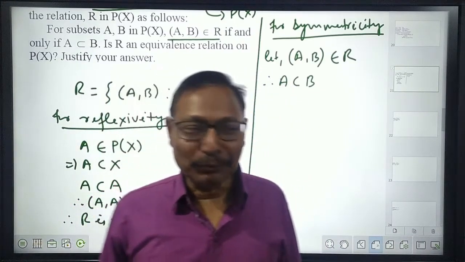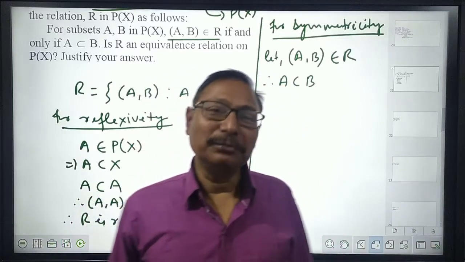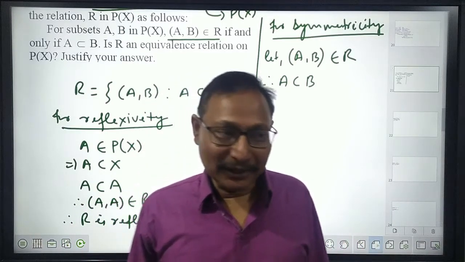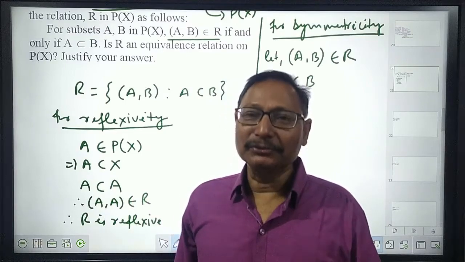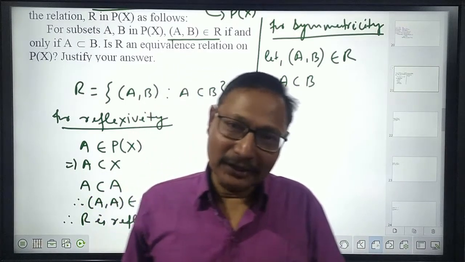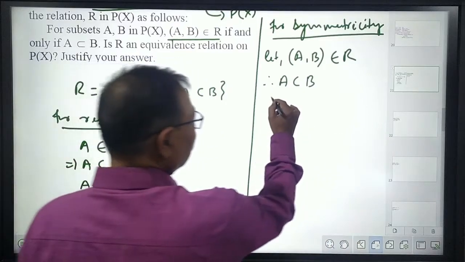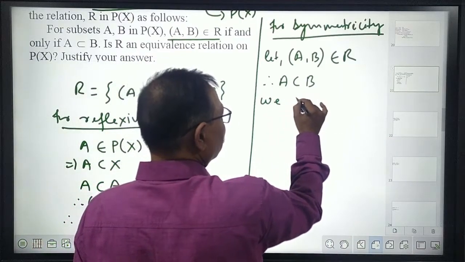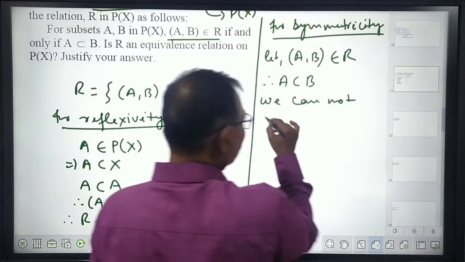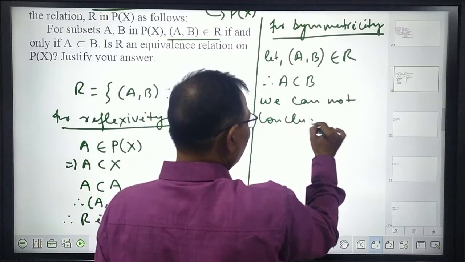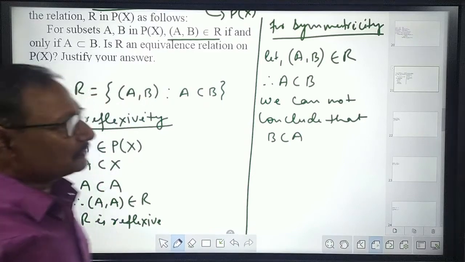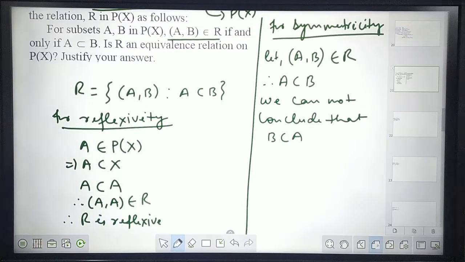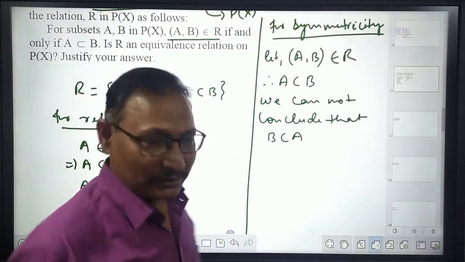No, never. Suppose that A has elements 1, 2, 3 and B has elements 1, 2, 3, 4, 5. Then we say that all the elements of A are elements of B. But at the same time, all the elements of B are not contained in A. So we cannot conclude that B is a subset of A. So B is not a subset of A. Clearly it is not symmetric.